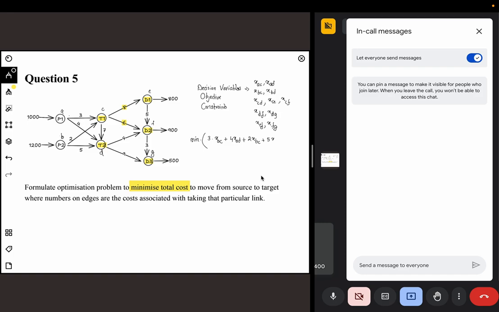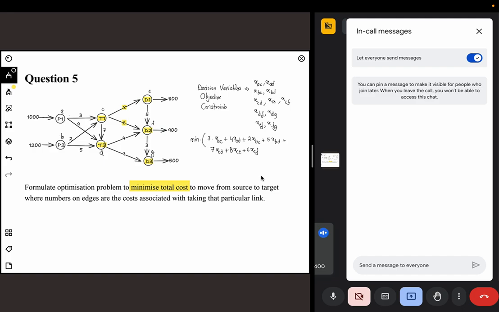So it will keep going like this. 5 times XPD, similarly 8 times XCD plus, sorry, we'll include everything. 7 times XCD, okay.